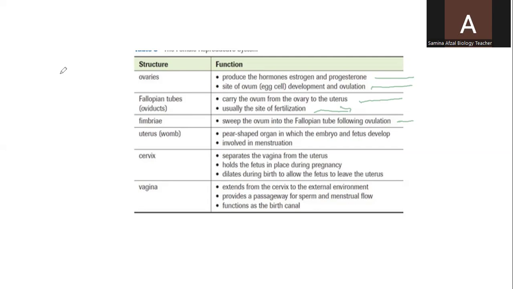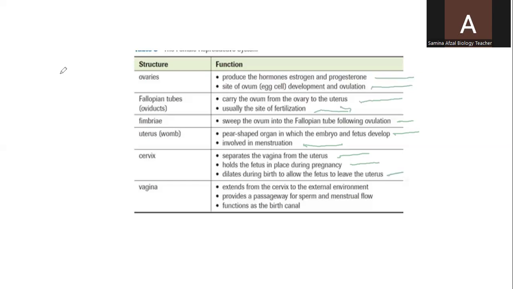The uterus or womb is pear-shaped, and in it the embryo and fetus develop. It is involved in menstruation. The cervix separates the vagina from the uterus, holds the fetus in place during pregnancy, and dilates during birth to allow the fetus to leave the uterus, or you can say it helps in childbirth.